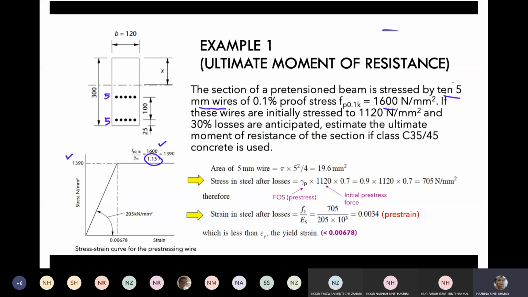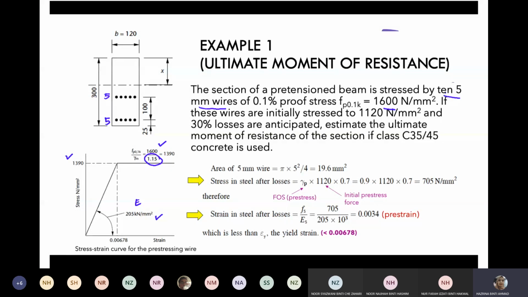We also require the value of E, or the modulus of elasticity. In this example, E equals 205 kilonewton per millimeter square.